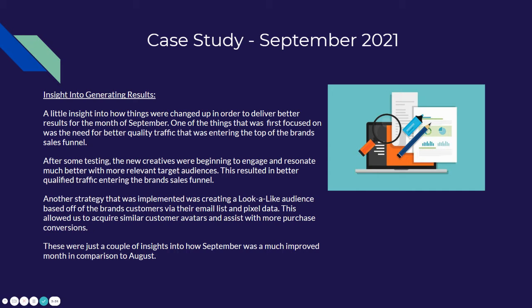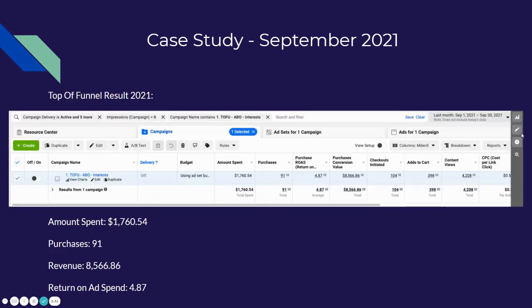This allowed us to acquire similar customer avatars and assist with more purchase conversions. That was a nice strategy that we put in place. These are just a couple of the insights into how September was a much improved month compared to August.